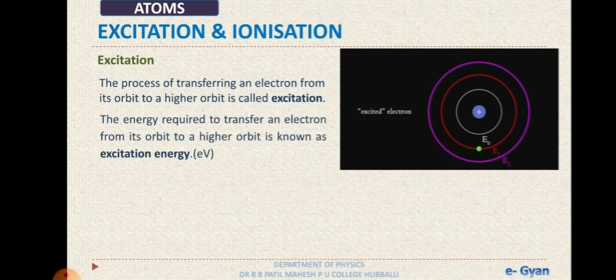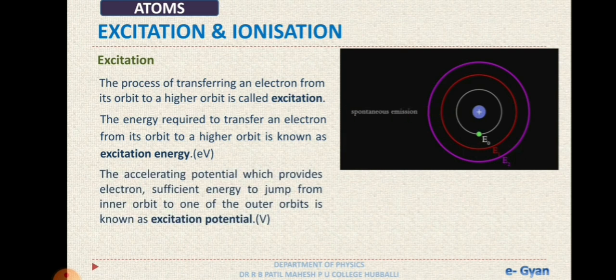The energy required to transfer an electron from its orbit to a higher orbit is called excitation energy, whereas the accelerating potential which provides an electron sufficient energy to jump from an inner orbit to one of the outer orbits is known as excitation potential, denoted with the letter V. So excitation is the phenomenon in which an electron makes a transition from the ground state to any of the excited states.